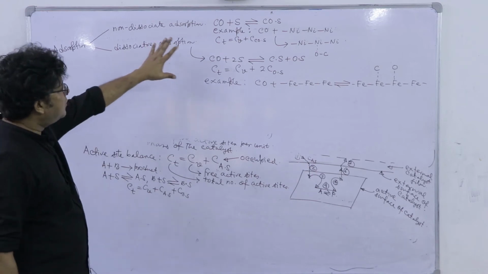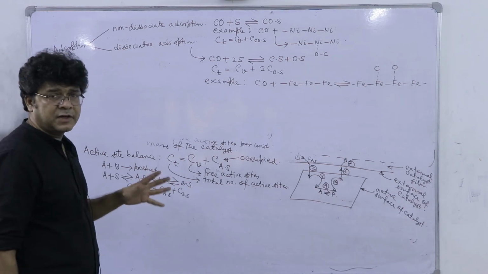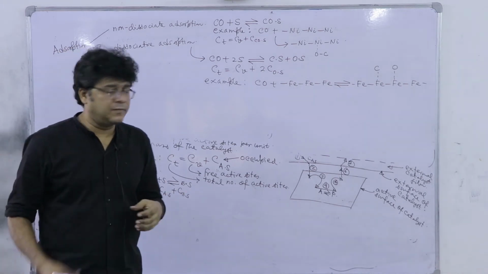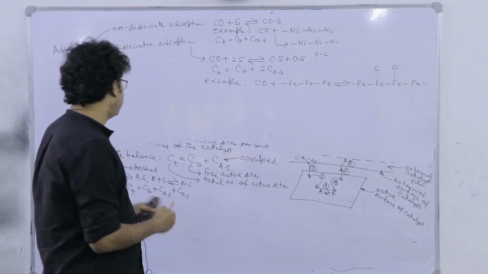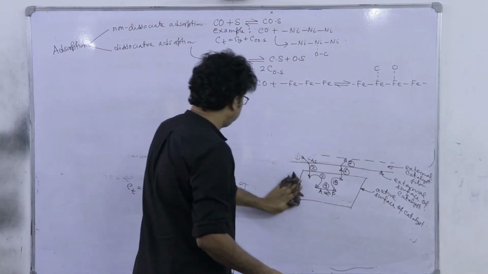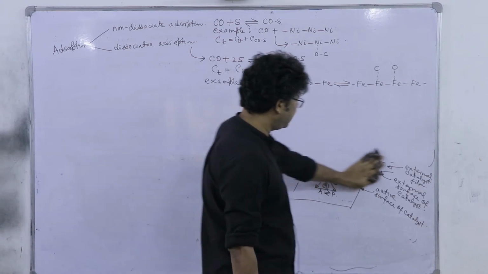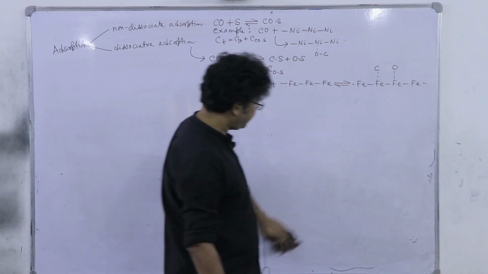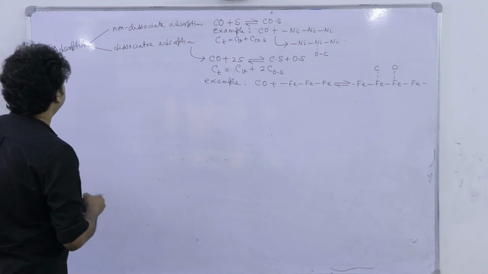So before we go into that detailed discussion, we must first write the rate expression for non-dissociative and dissociative adsorption, and we will try to fetch out what will be the equilibrium relation. What the equilibrium relation is and what the adsorption isotherm is in relation to that, we will discuss later. So first let us try to represent the rate of both types of adsorption, one non-dissociative, another dissociative. We will consider carbon monoxide as a simple example of a model molecule.